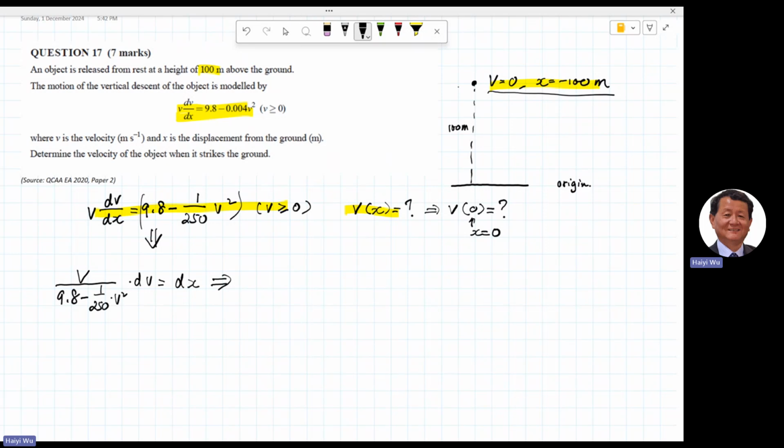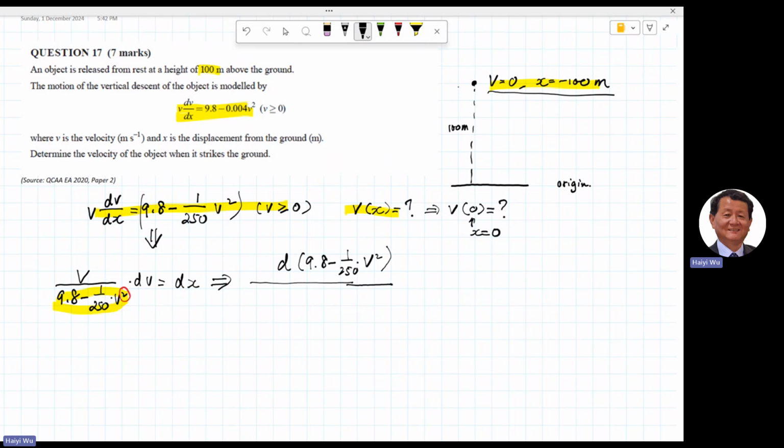Now we're going to do the integration on both sides. On the left-hand side, we're going to differentiate first, and put a d because this is the denominator. Now this is a square, so we're going to put d of 9.8 minus 1 over 250 times v squared.